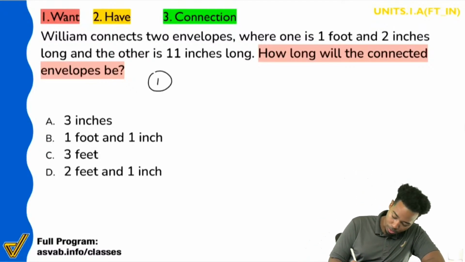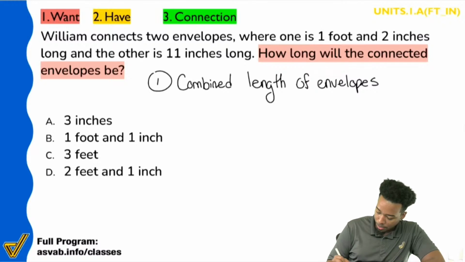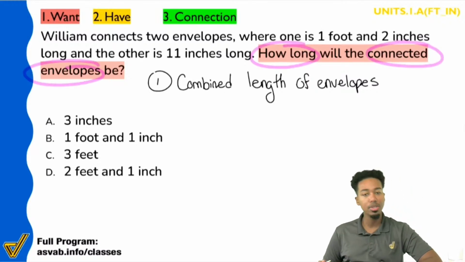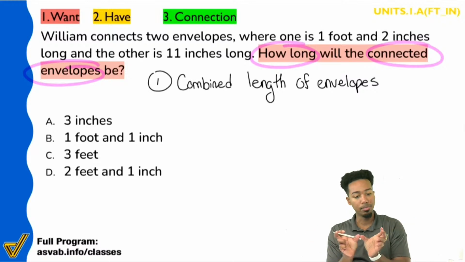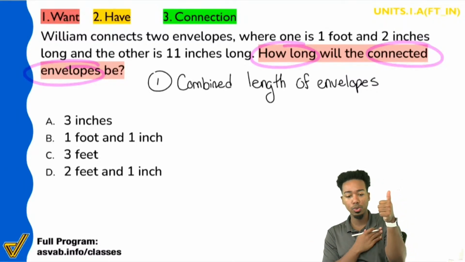Step number 1, what we want is the combined length of the envelopes. Because again, what we want is how long will the connected envelopes be? Connect them, add them. Boom. Everybody, yes or no? Are we good to go on that? We need to add these two lengths together before we continue.